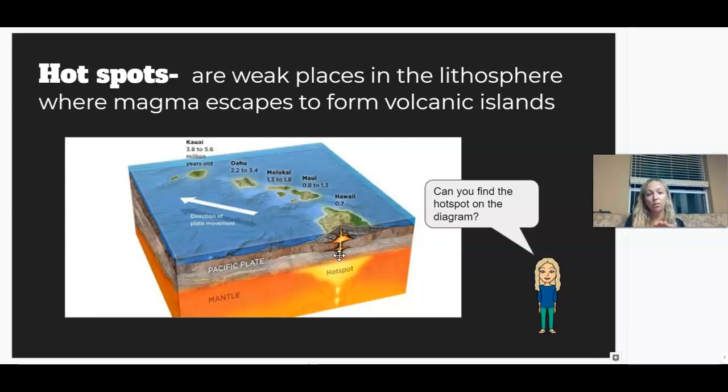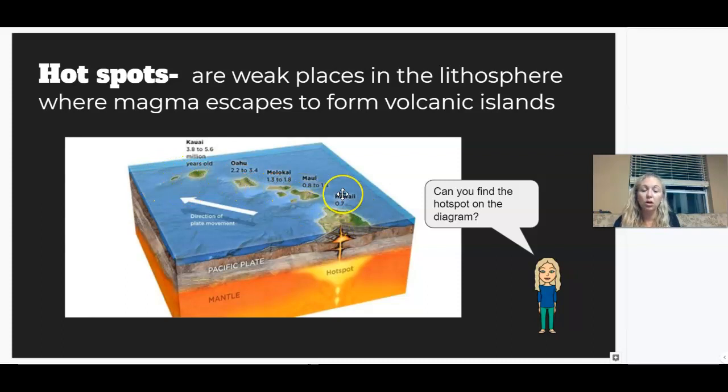So we now know that tectonic plates move in certain directions, and that's how we have all of these islands in Hawaii, right? You can notice that the islands furthest from the hotspot are the smallest. That's because each island was formed over this same exact hotspot, but the plate has moved and that island has eroded over time, so it's gotten smaller and smaller.